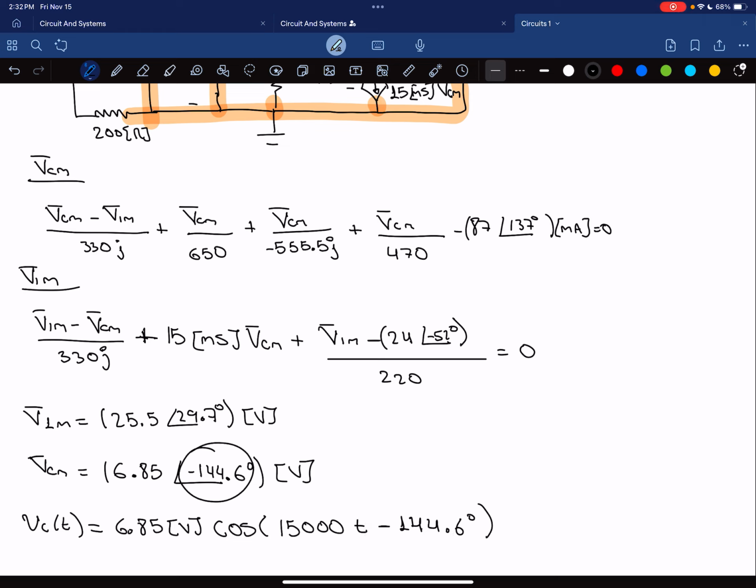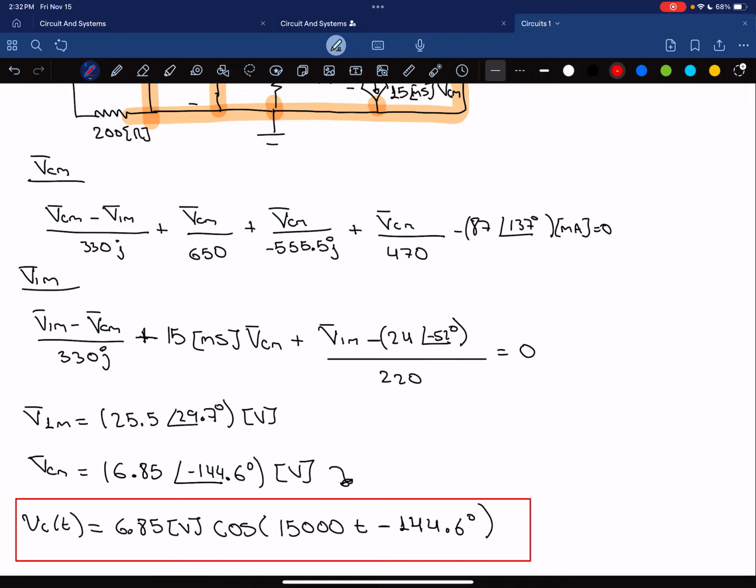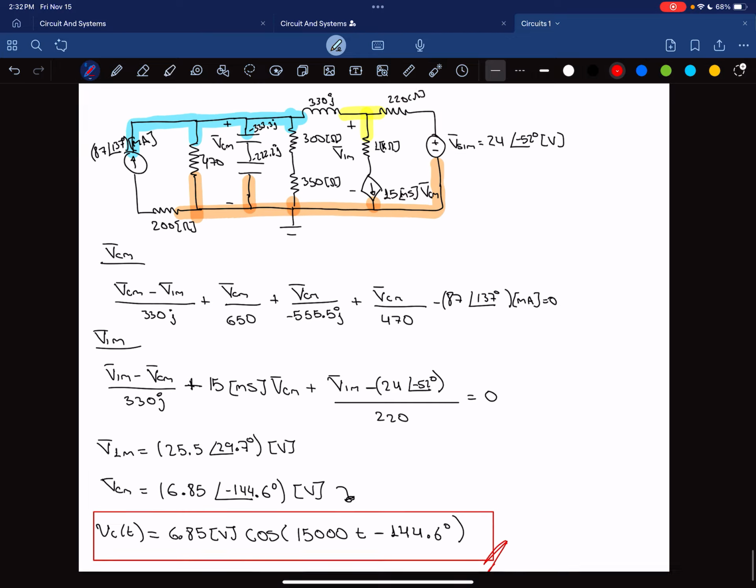If it's positive, it's a plus. But because it's negative, we find a negative, it's a negative. And this is how we convert to time domain. And this is the answer.